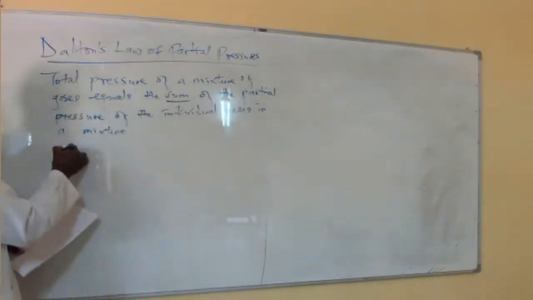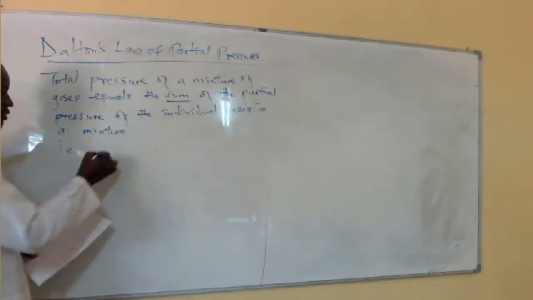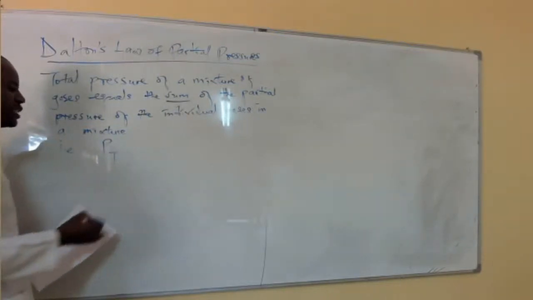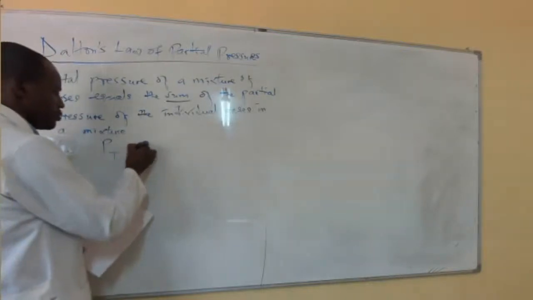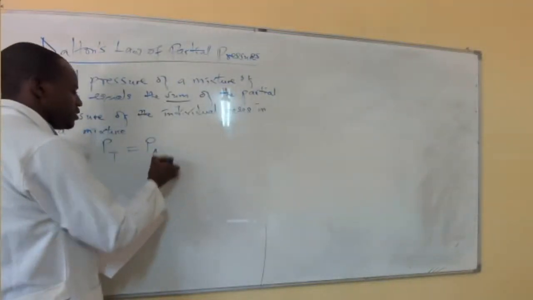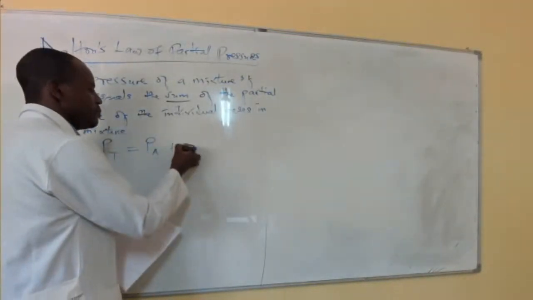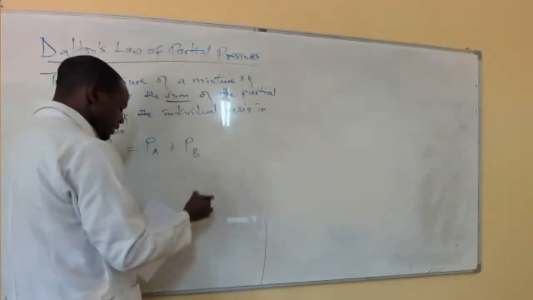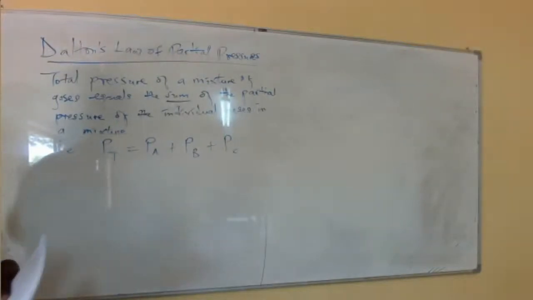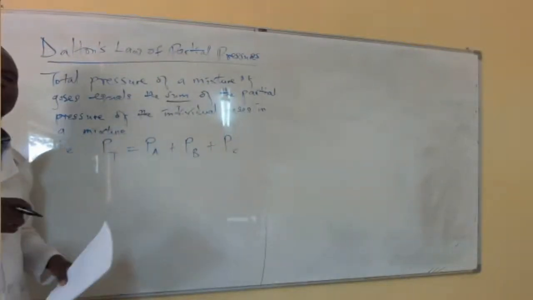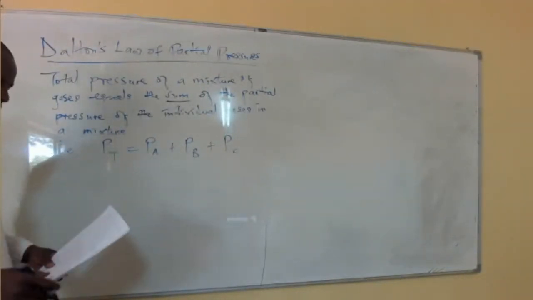Therefore, mathematically, we can say that the total pressure, which is abbreviated as PT, is equal to the partial pressure of gas A plus the partial pressure of gas B plus the partial pressure of gas C. This is assuming that we have three gases.